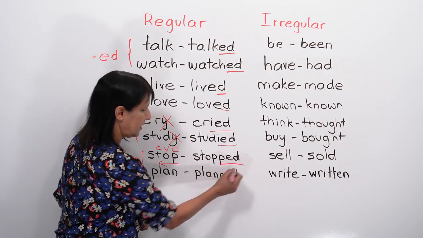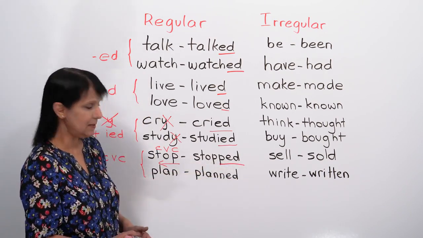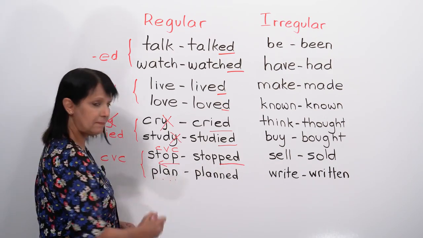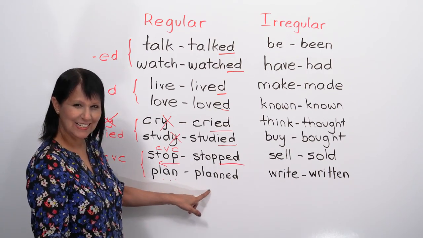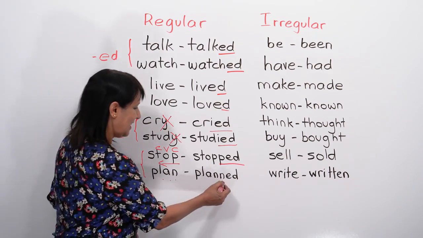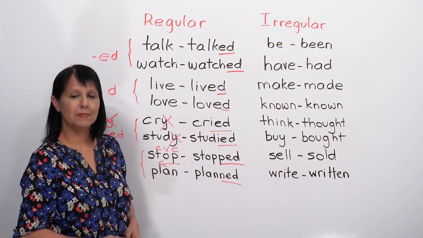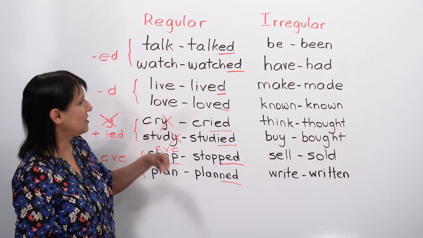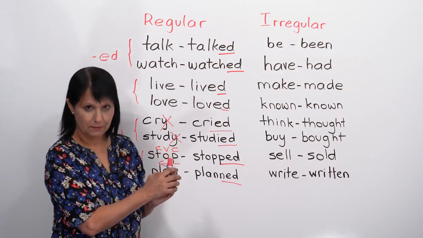We added the ed, but we need to double the last letter and then add ed. Also this word, again, CVC. Plan becomes planned. Say it after me. Stopped. Planned. Okay, good. So those are some of the basic, more common patterns with the regular verbs.